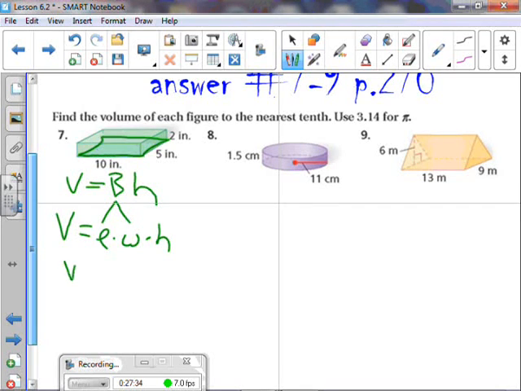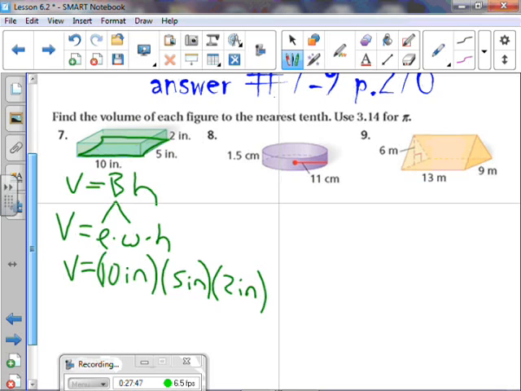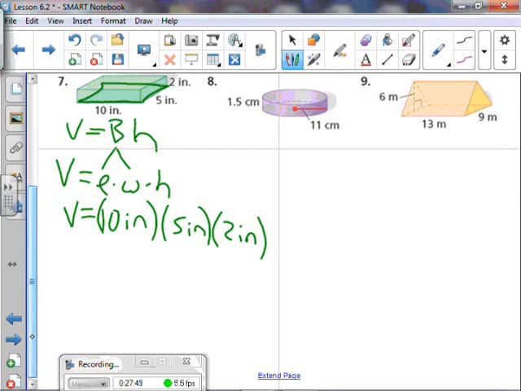Okay? Your volume then is going to be the length, 10 inches, times the width, 5 inches, times the height, 2 inches. When you multiply all of these together, 10 times 5 is 50, times 2 equals 100.